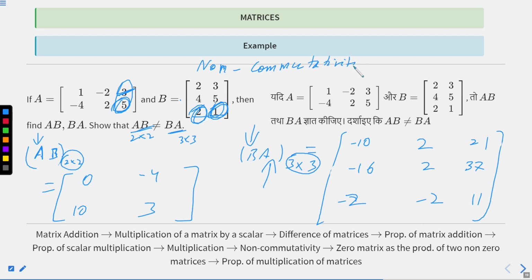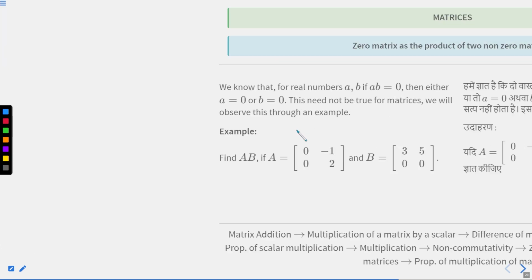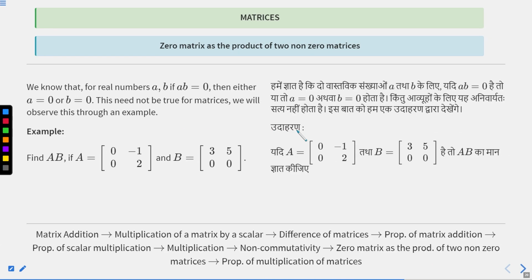Non-commutativity means in general AB won't be equal to BA. Sometimes it may happen that they are equal, but not every time, as you can see here by this example. Okay, clear?